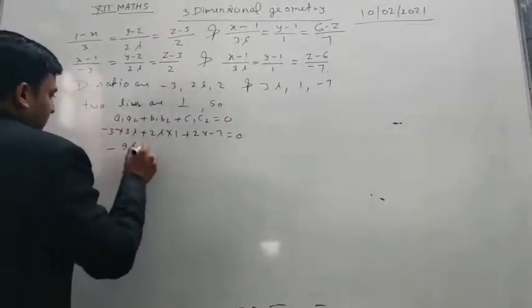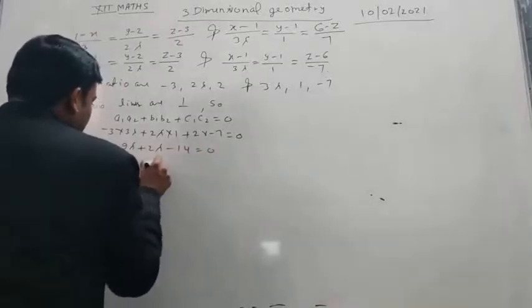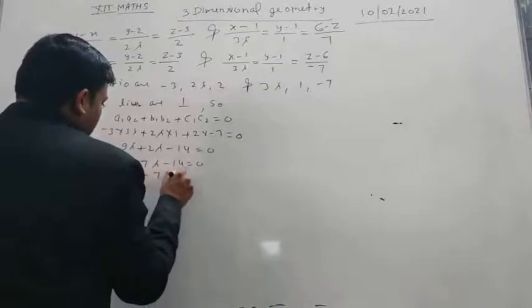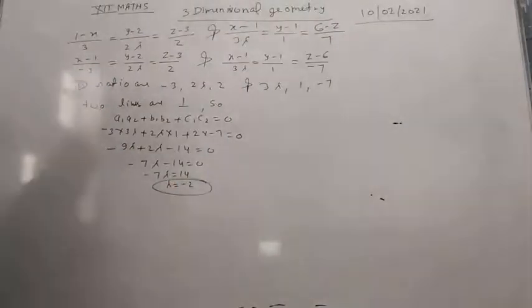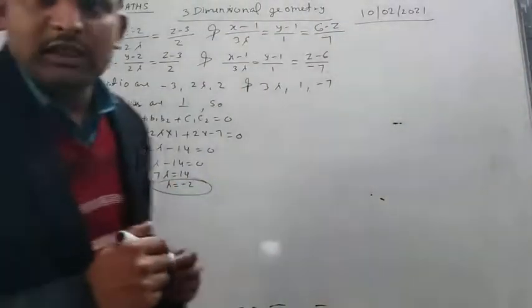Minus 9 lambda plus 2 lambda minus 14 is equal to 0. Minus 7 lambda minus 14 is equal to 0. 7 lambda is equal to 14. So lambda is equal to, students, minus 2. So this will be the value of lambda.